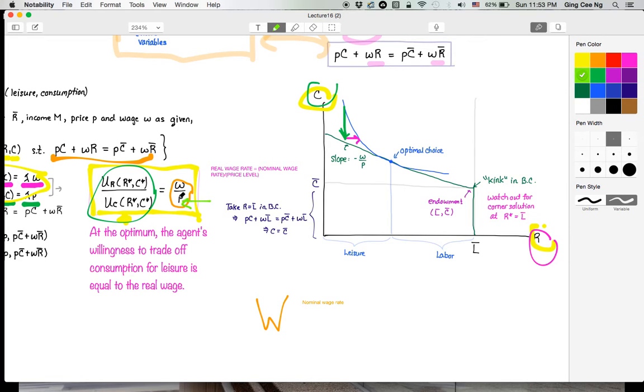Suppose your boss says, we need to increase your wage to keep up with the cost of living, so they increase your wage also by 3%. Well, your purchasing power hasn't changed because the 3% cancels out on the top and the bottom, and your real wage stays the same.